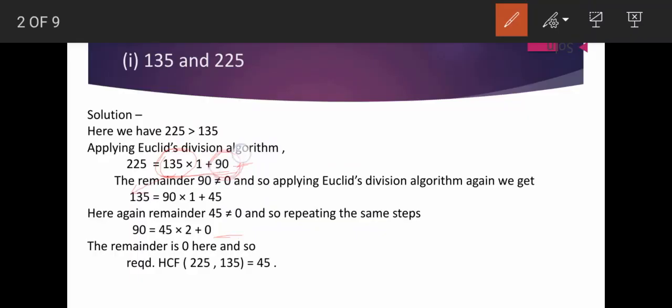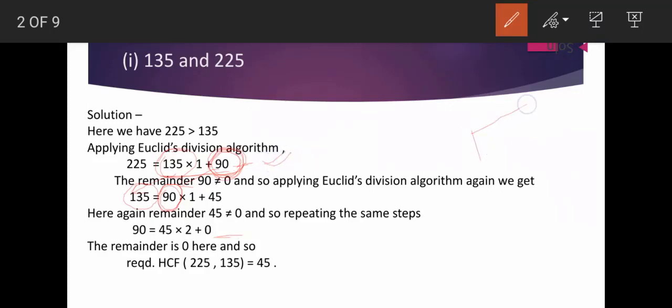Again, the non-zero remainder of the first step becomes the divisor in the second step. So in this second step, 135 takes the place of the dividend, and 90, the remainder of the previous step, takes the place of the divisor. Then we repeat the same process as we did earlier in the first step.